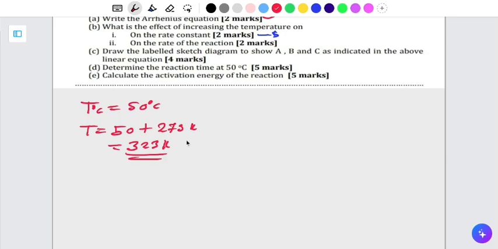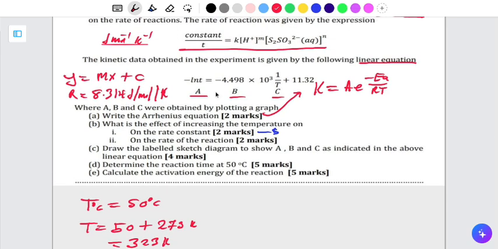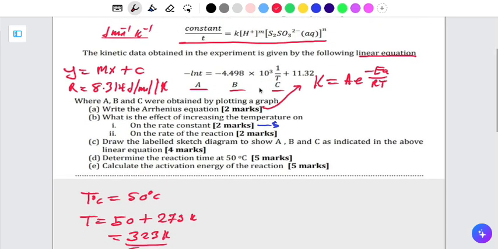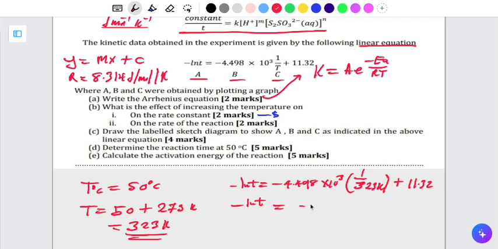Now the question is asking us to determine the time. So we are just going to use the same equation, this one here. Now we are finding this t. So let me just rewrite this one. When I do the computation here, when I multiply, then add, subtract, on this part we have negative ln t, which is going to be equal to negative 2.6.